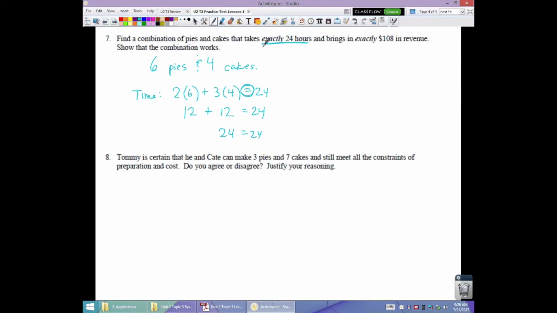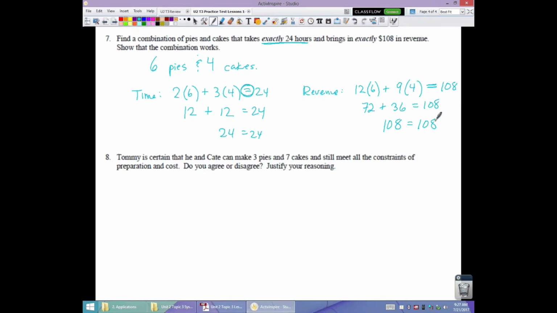And then for revenue, if I sell a pie for $12, that's 12 times 6, and a cake for $9, it's 9 times 4, and I want to show that equals exactly 108. So that's 12 times 6 is 72, plus 36, and 108 is exactly correct there.